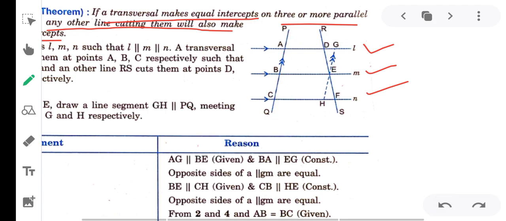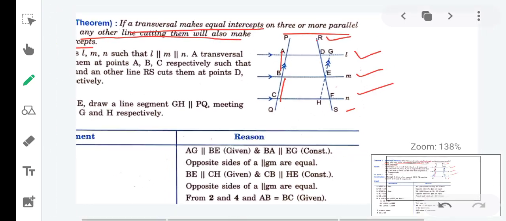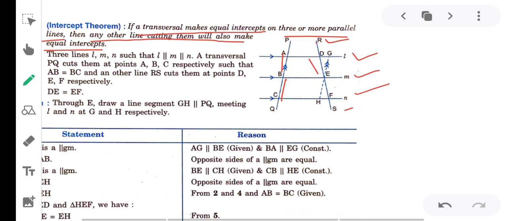If the transversal makes equal intercepts, that means AB equal to BC, then any other line cutting these three lines will also make equal intercepts. That means this line RS, here DE is also equal to EF.